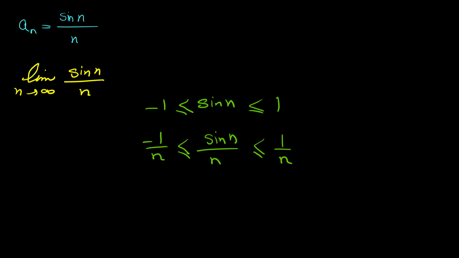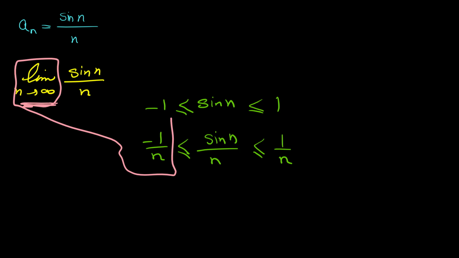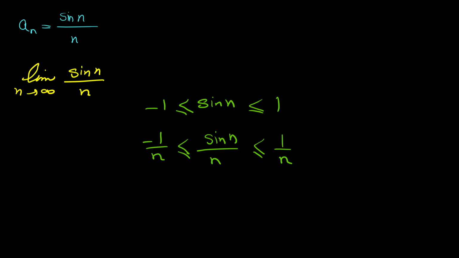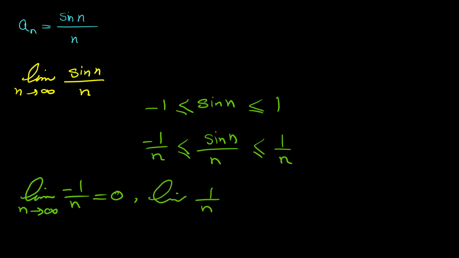Now we want to find the limit when n approaches infinity of the left side and the right side. What is the limit of -1 over n when n approaches infinity? This limit is 0, because we have a number over infinity. Any number over infinity is 0. What is the limit of the other side? That is also 0.